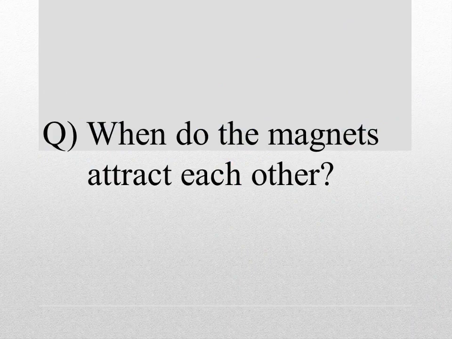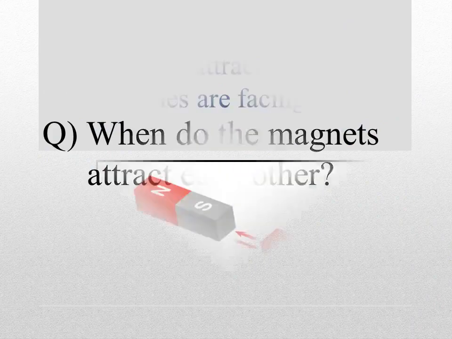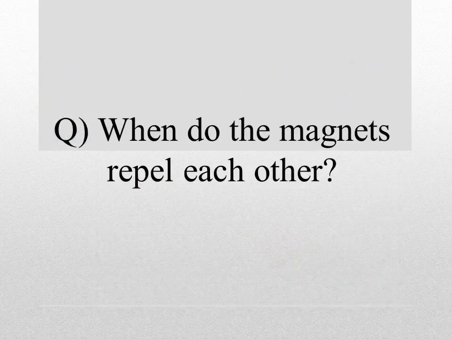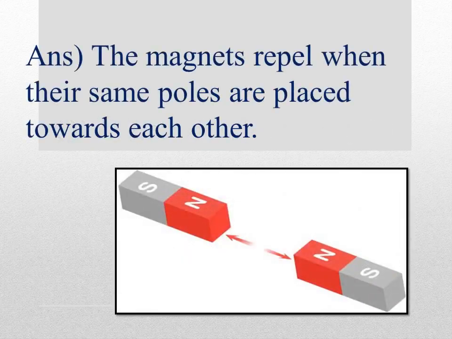When do magnets attract each other? Magnets attract when their opposite poles are facing each other. When do magnets repel each other? Magnets repel when their same poles are placed towards each other.